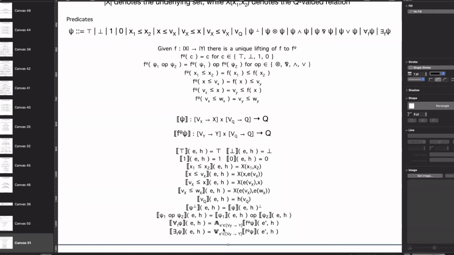So this is least upper bound, and this is greatest lower bound. Sorry, no, it's the other way around. Greatest lower bound, least upper bound. So this one will be the smallest thing that dominates all of these, and this will be the greatest thing that's less than all of these in the quantile, right? So these are all going to give me Q values, and I'm going to take the meet over all those Q values, and here I'll take the join over all those Q values.